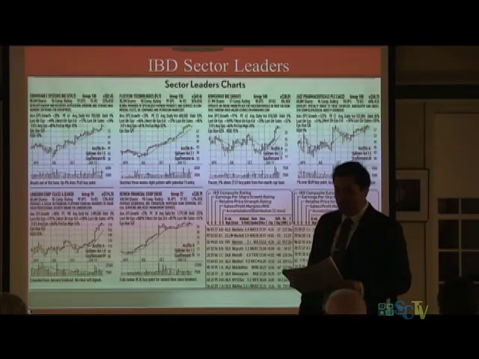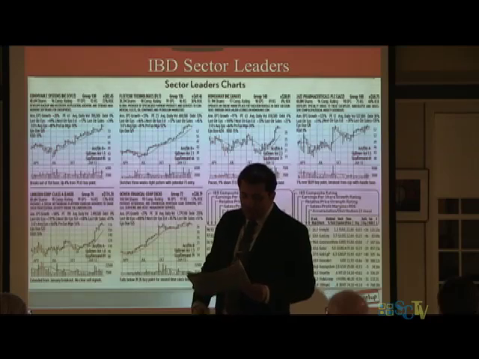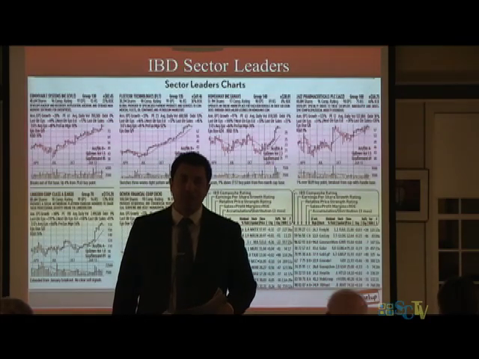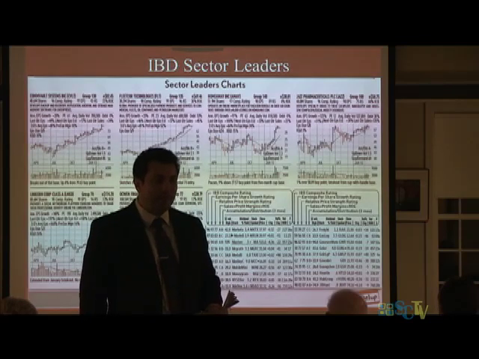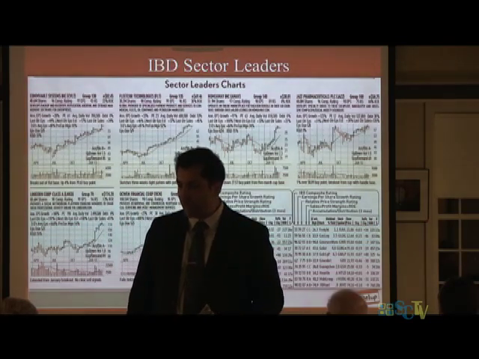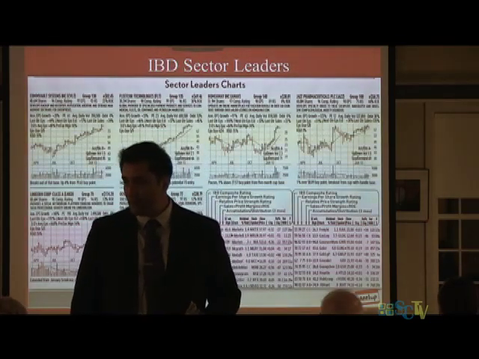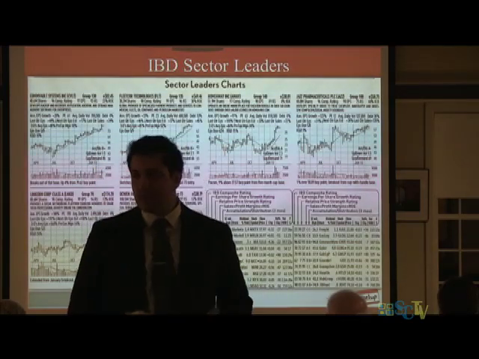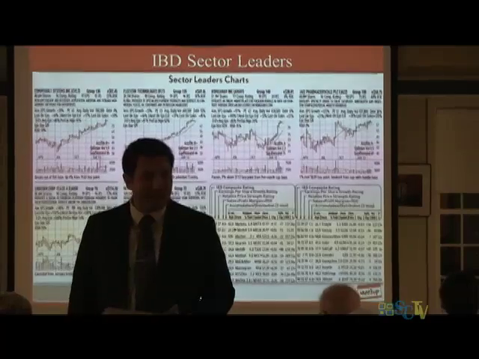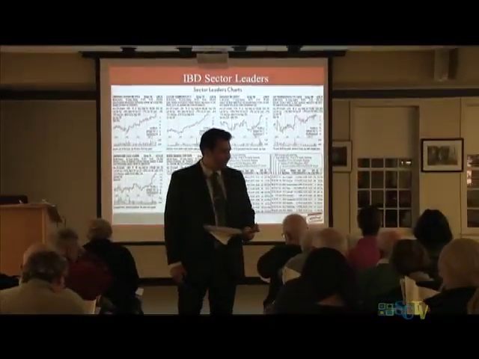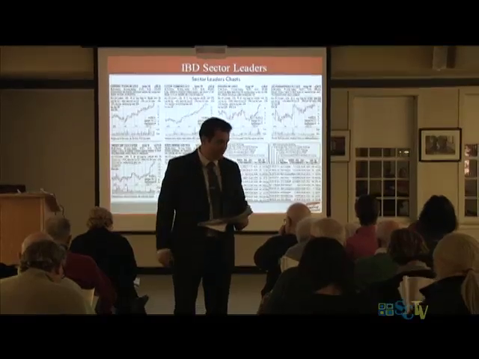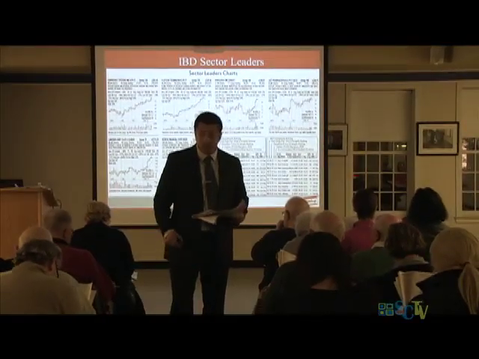Essentially what we mean by 3 weeks tight is, if you look on this chart at the closes for the last 3 weeks, they've been within 1.5% of each other. We consider that to be tight trading. Tight trading is very constructive. So when a stock does that 3 weeks in a row, that's called a 3 weeks tight pattern. When it emerges from that pattern, that's when you want to buy it.